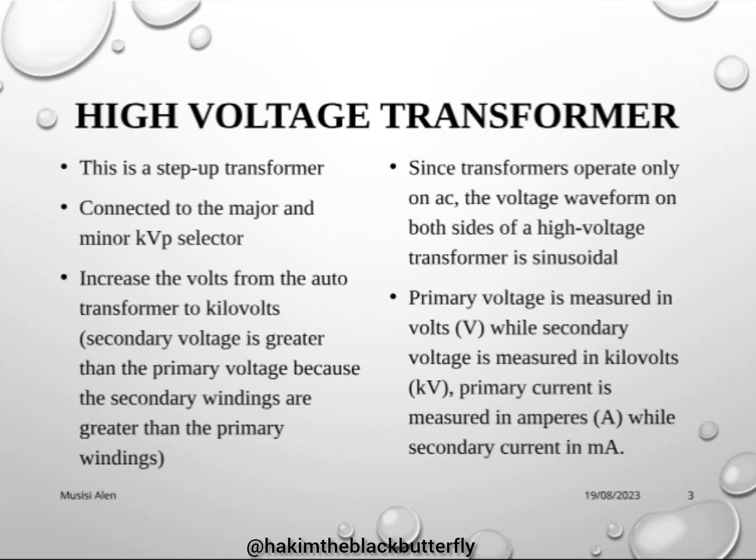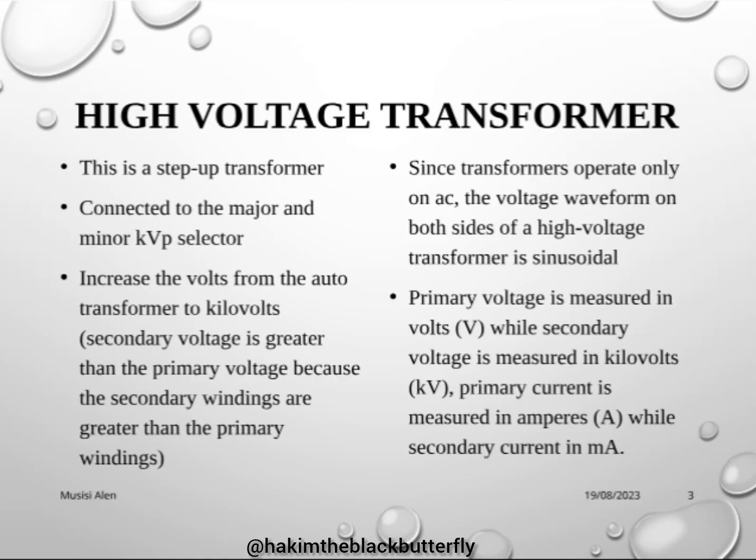we looked at transformers and windings. In the transformer, we have a primary side and a secondary side. There are windings of wires on the primary side and also on the secondary side.